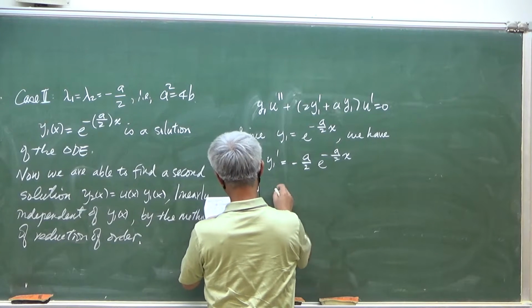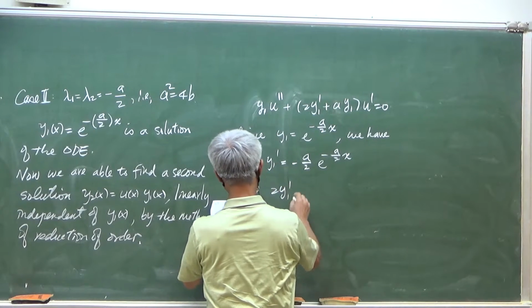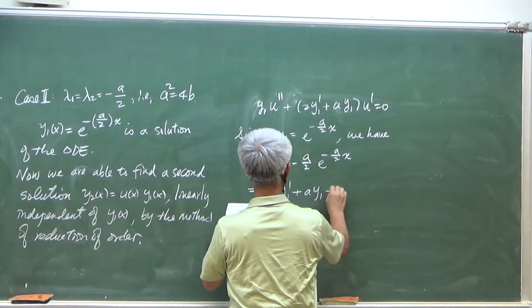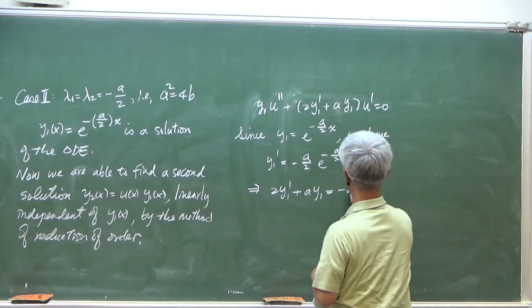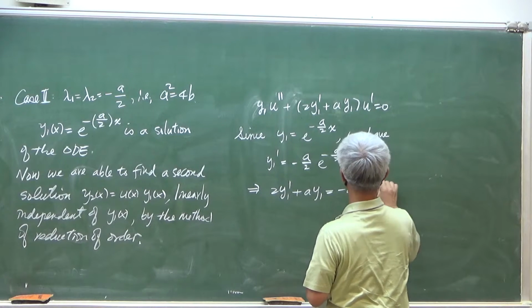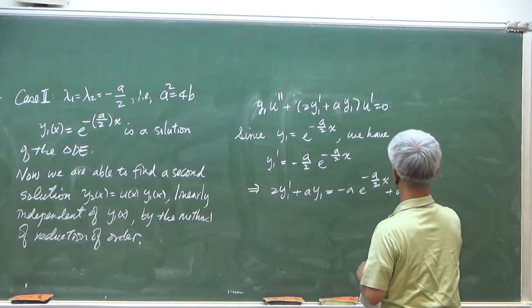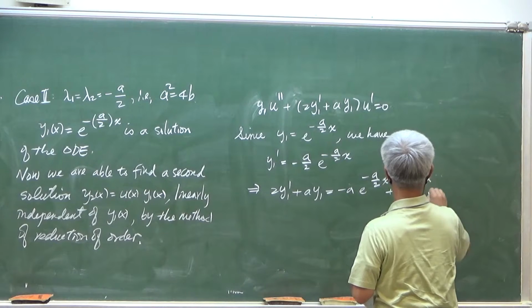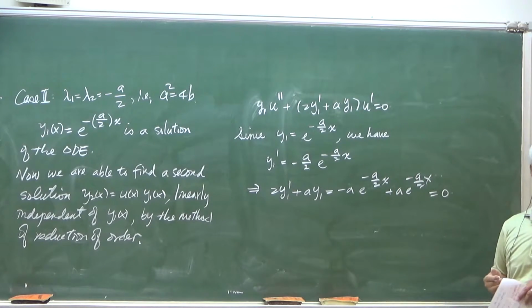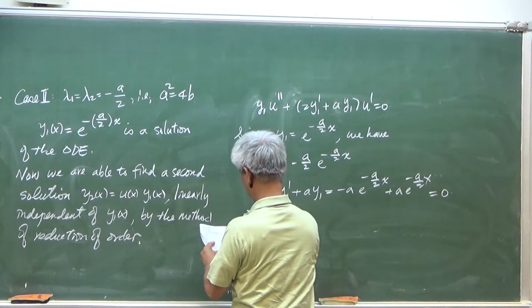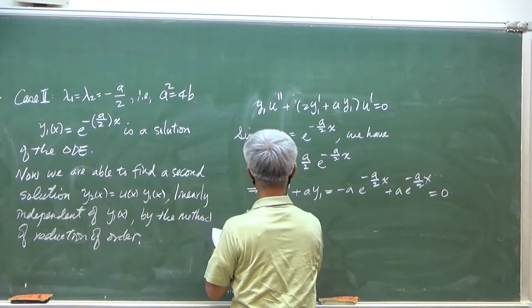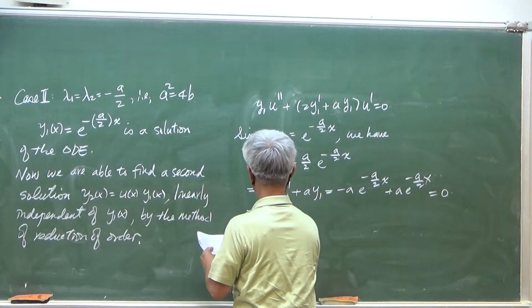This implies that u double prime times y1 is 0.